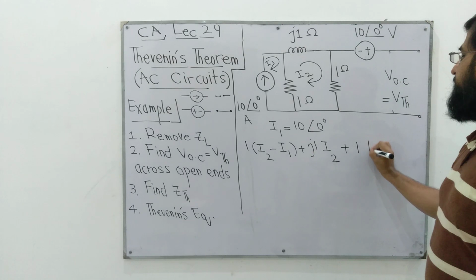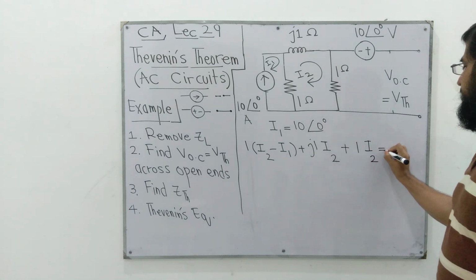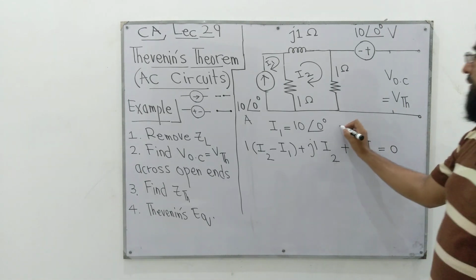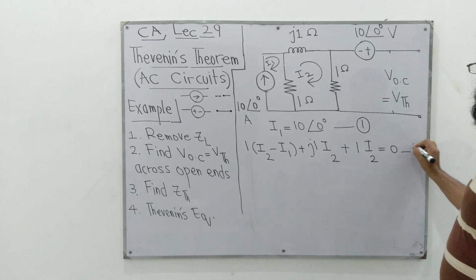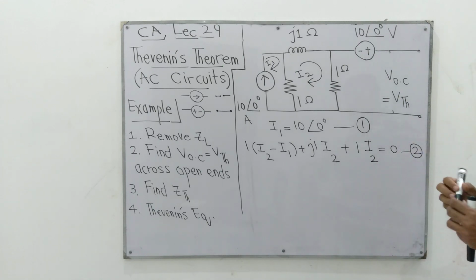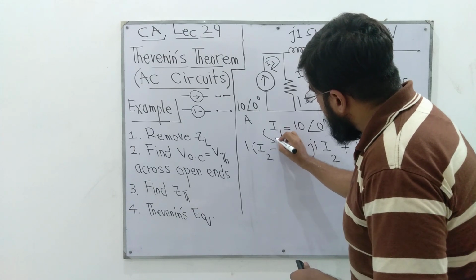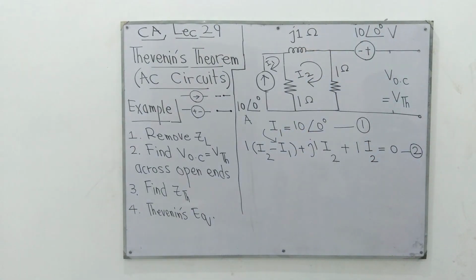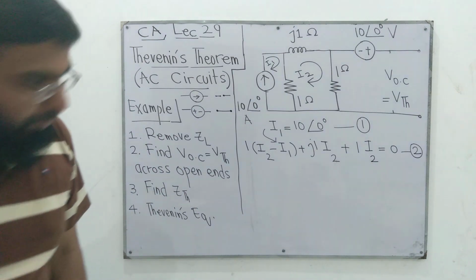Plus through this 1 ohm resistor, we have only I2 current flowing is equal to 0. So now we have this as equation number 1 and this as equation number 2. We can straight away put the value of I1 here, 10 at an angle of 0, and then we'll be left with only one equation and one variable, and we can solve for I2.